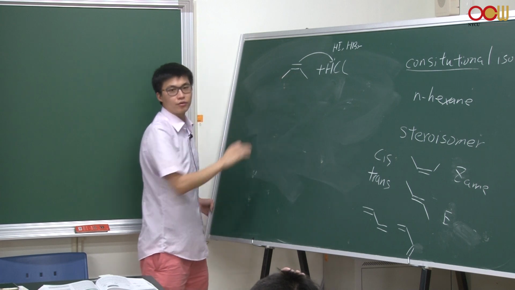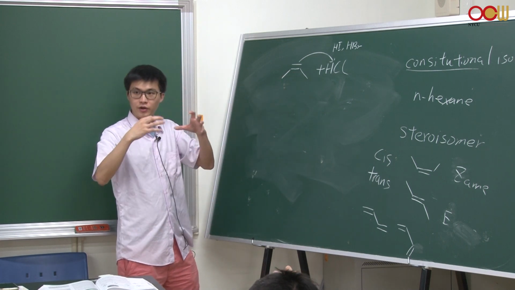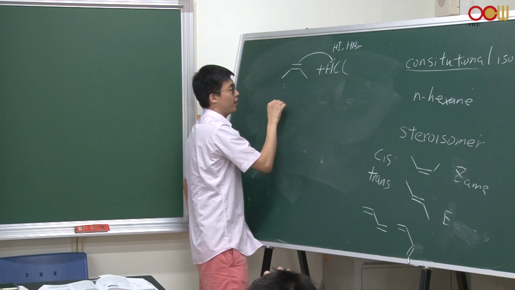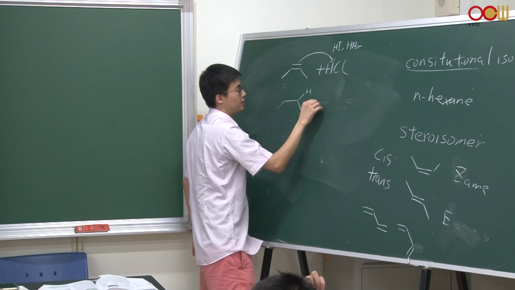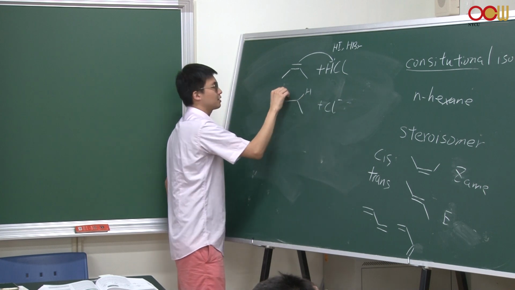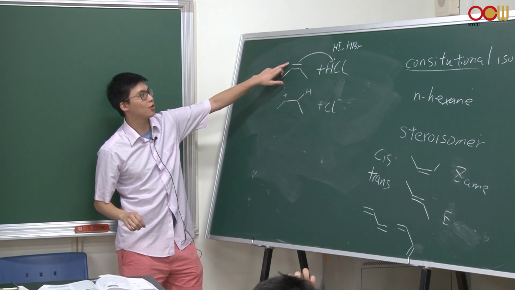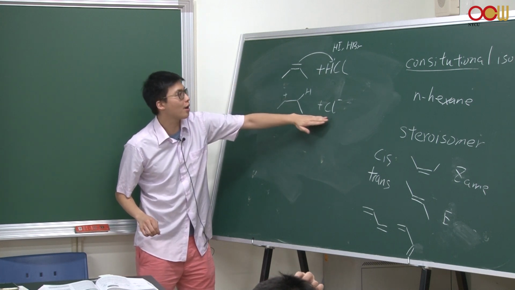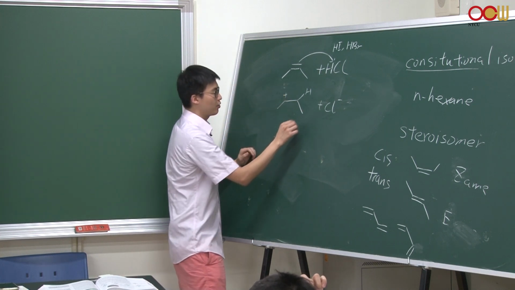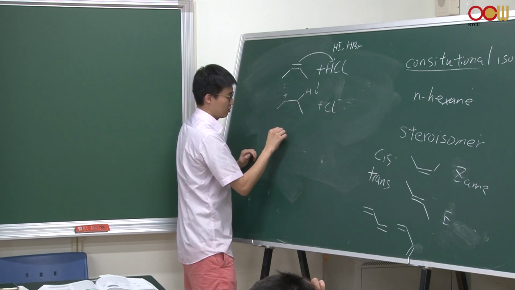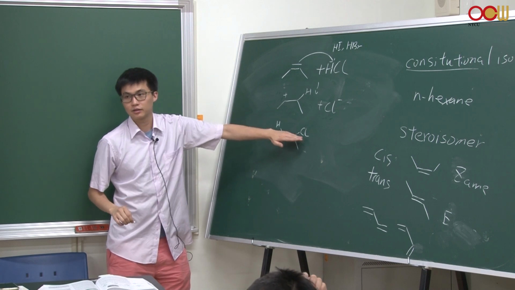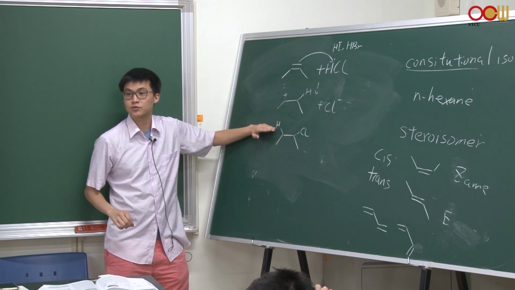The extra electrons here, this very rich electron cloud, will pick up a proton and generate an intermediate species, and this becomes positive over here because you don't have anything to balance that charge. Then the chloride will come in, and you end up with your strong acid added across your double bond.